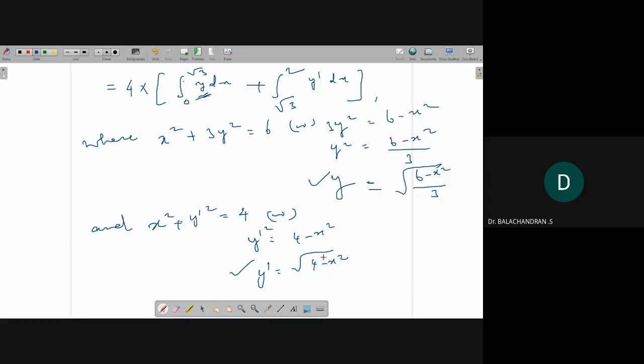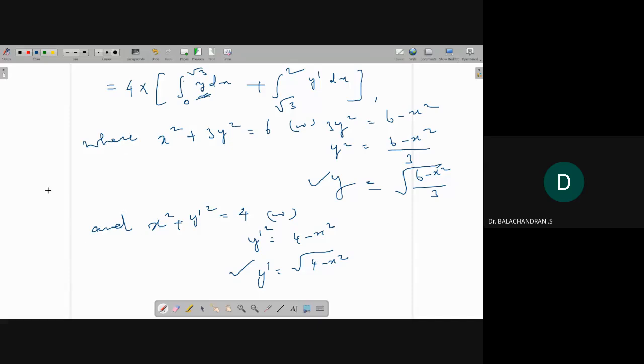So for the remaining part, you will try using numerical integration, that is, use Newton's trapezoidal rule. Using the trapezoidal rule, find the value.